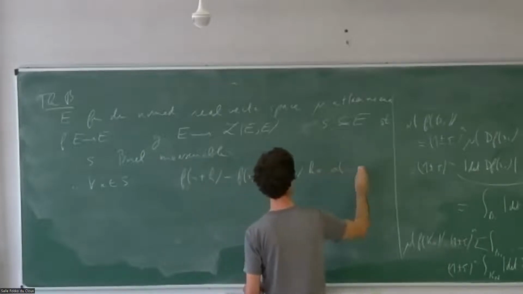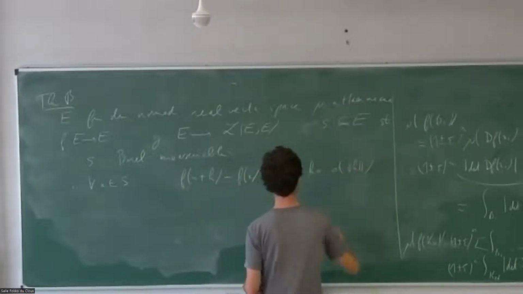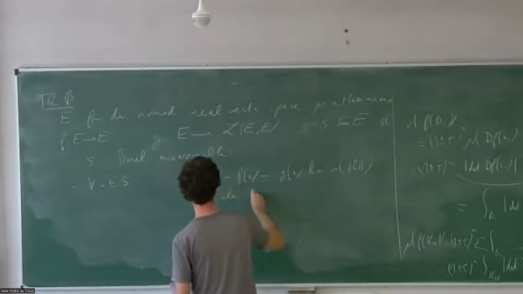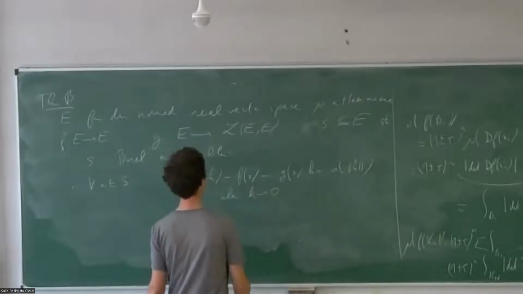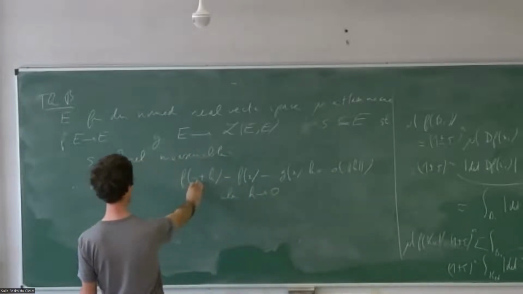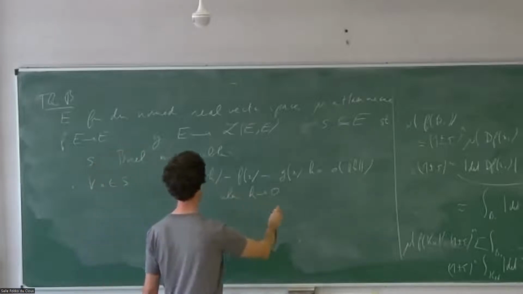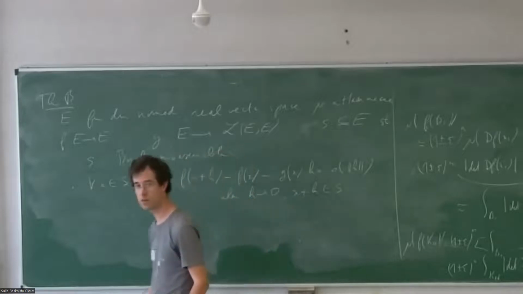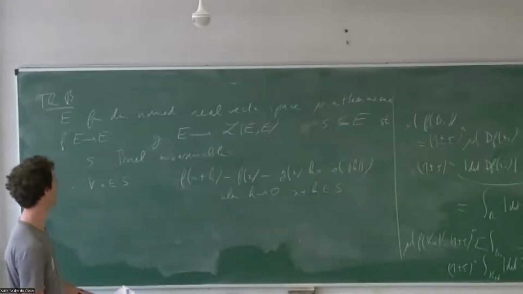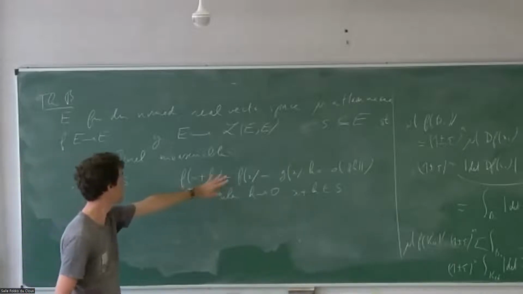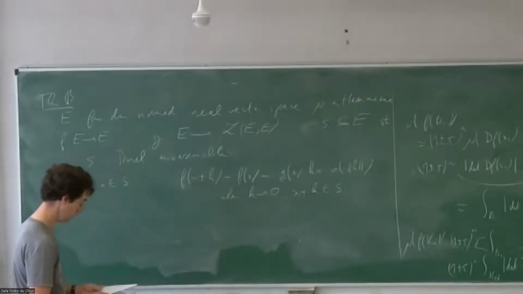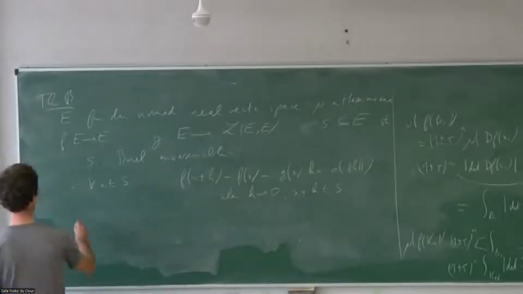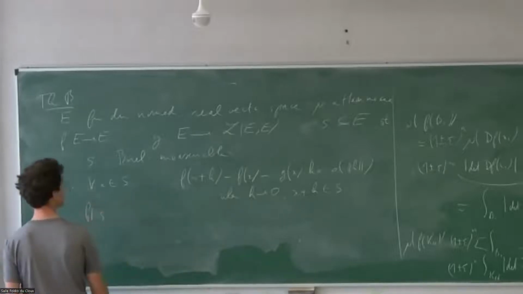And you want the difference to be negligible with respect to h when h tends to 0 and stays inside S. I'm only talking about the values of f along this set S. Along S, f has g as a derivative.